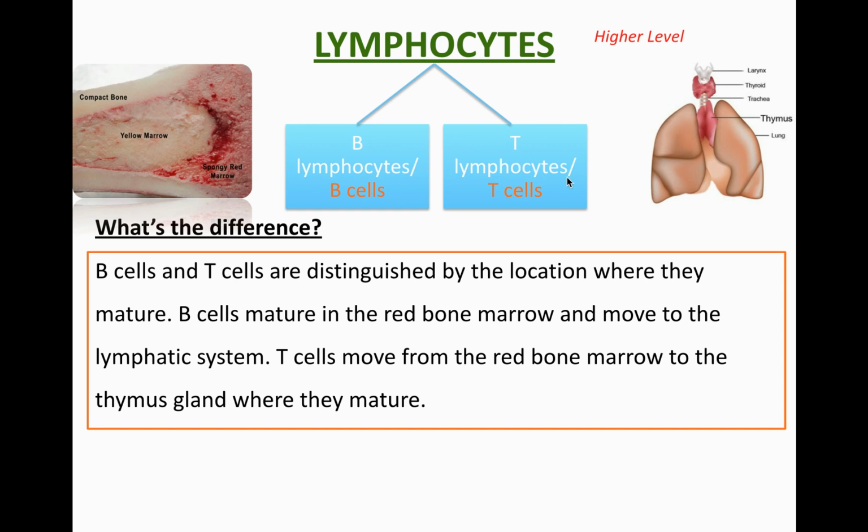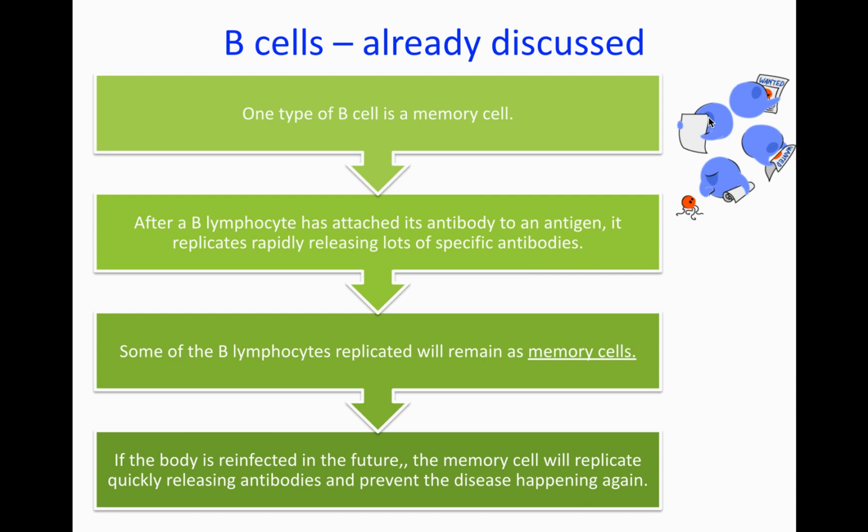The T lymphocytes, yes, are born in the bone marrow, but they mature in the thymus gland, and the thymus gland, as we said in the last lesson, is up near the top of the chest.